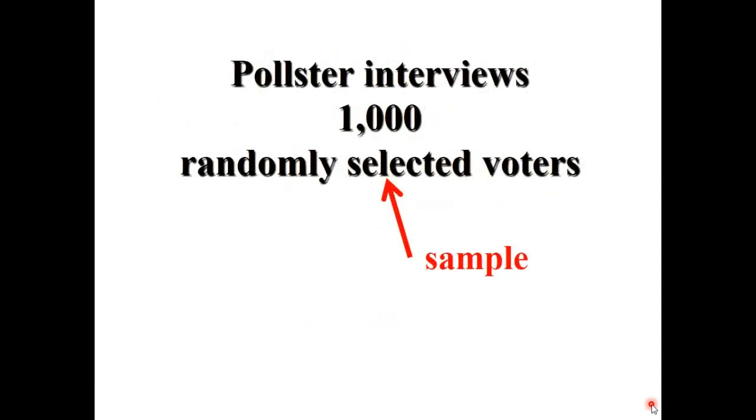A pollster then interviews 1,000 randomly selected voters in East Virginia and asks them how they plan to vote. These 1,000 voters are the pollster's sample. The pollster wants to use this sample to learn how voters in the population, that is, in the population of all East Virginia voters, plan to vote.